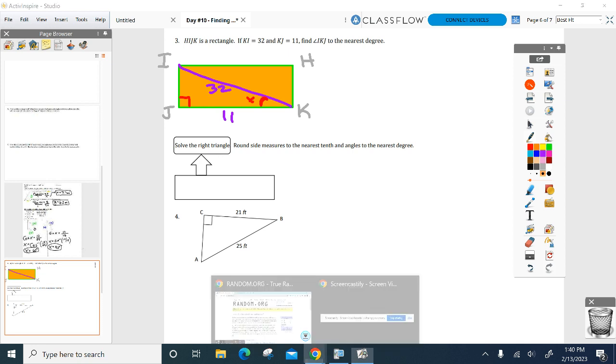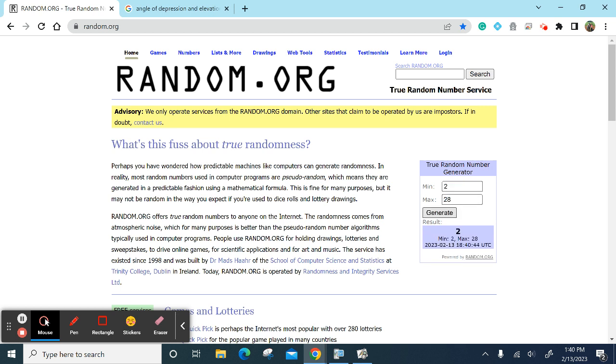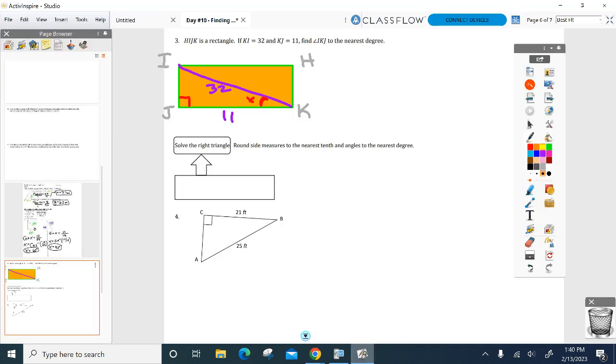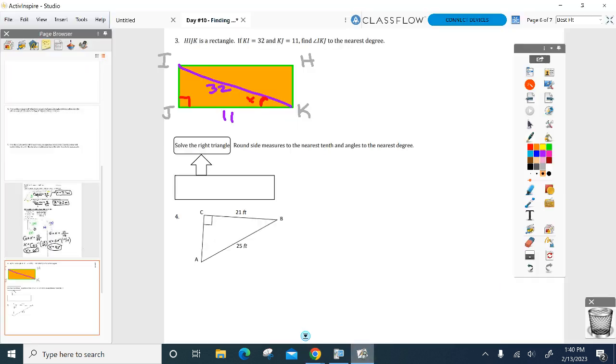What's my 11 and 32 up here? My 11, John, would be? Oh, that's the adjacent. And the 32? Hypotenuse. Okay.